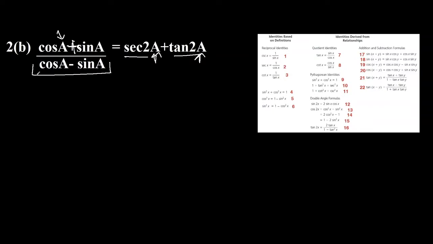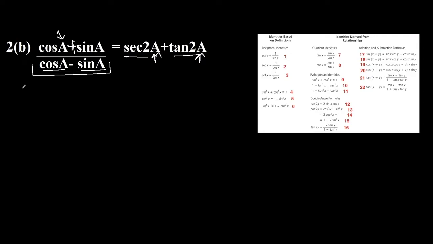But for the separation, this cos A minus sin A must become one trigonometric ratio. Let's see if it matches with any one. And if I look at the list, it matches somewhere here, identity number 13, cos square x minus sine square x. There is no square here, but it is becoming double the angle.